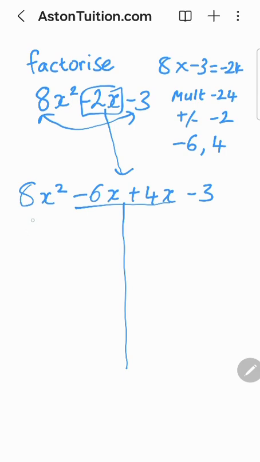So if you factorize 8x squared minus 6x, you can take out 2x, and then you've got 4x take away 3, and then on the other side you can factorize 4x minus 3, but that won't actually factorize.